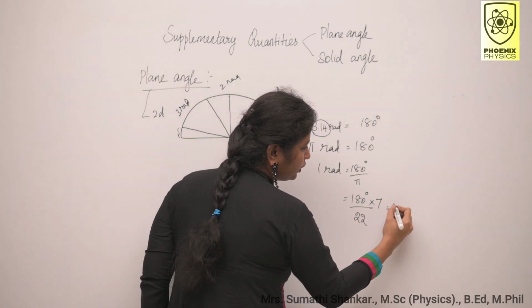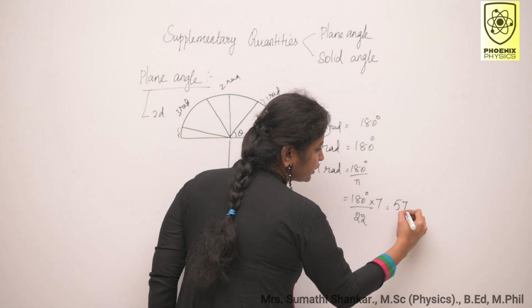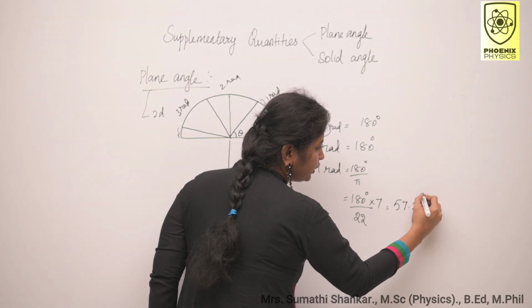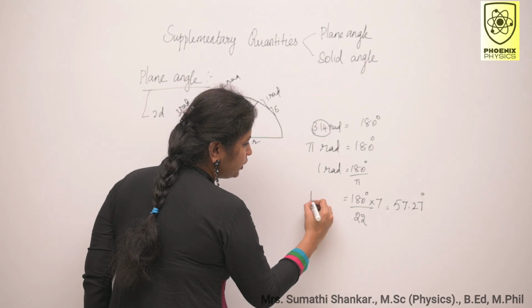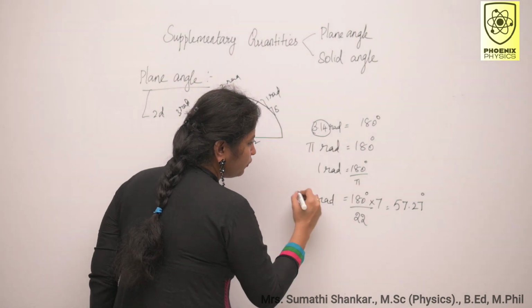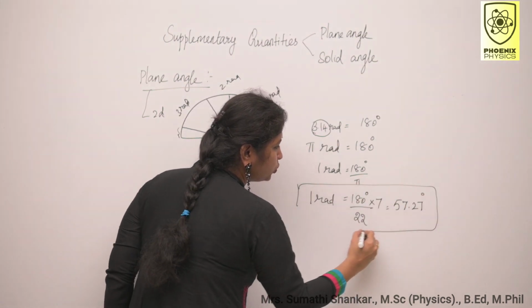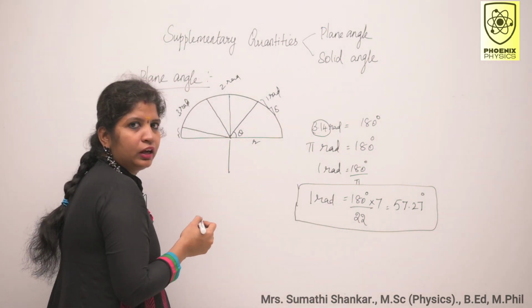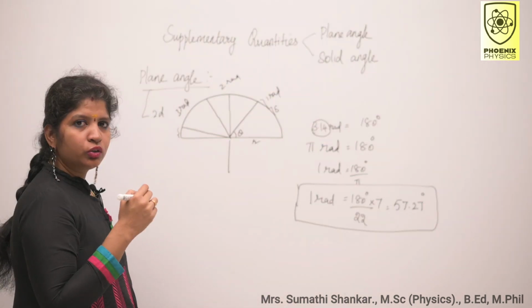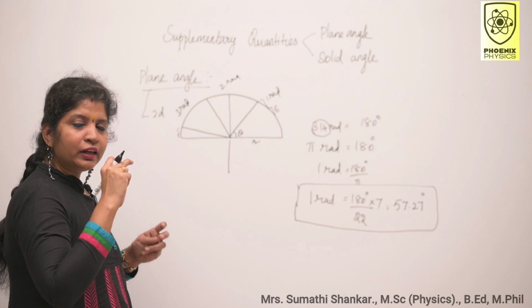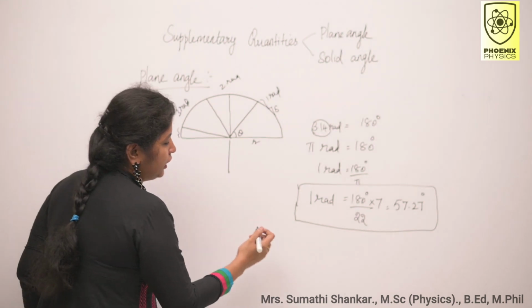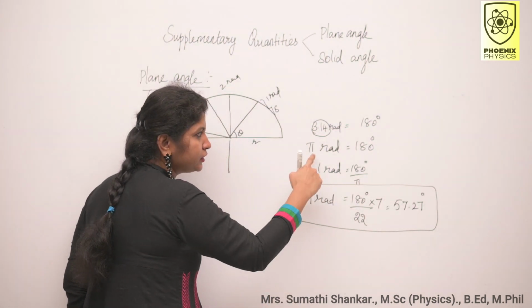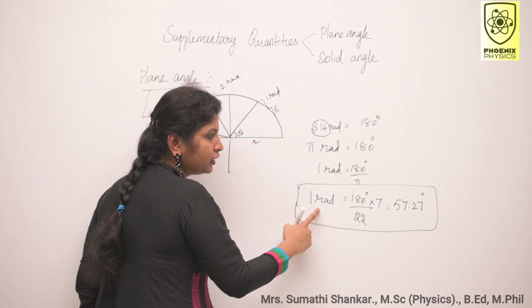You can find the value as 57.27 degrees. So 1 radian is equal to 57.27 degrees. This is the relation between radian and degree.